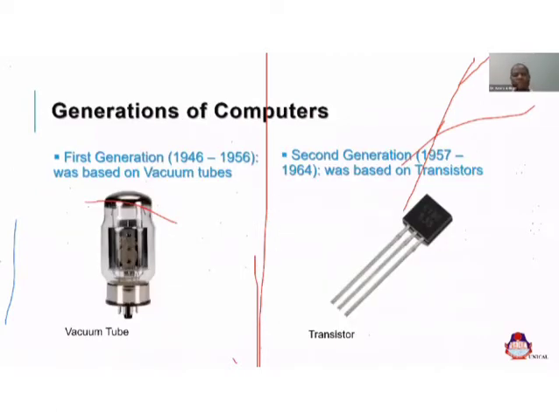Now we look at generations of computers. Computers have been grouped according to the technologies that are identifiable by science. The generation of a computer is a stage in the technological advancement of computers.